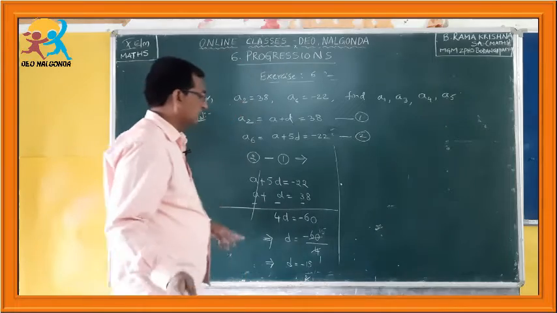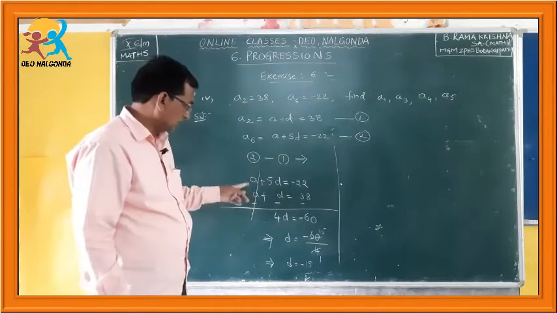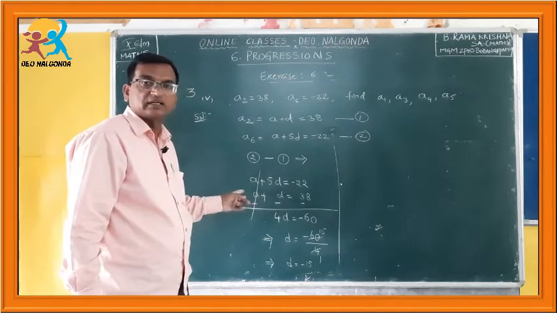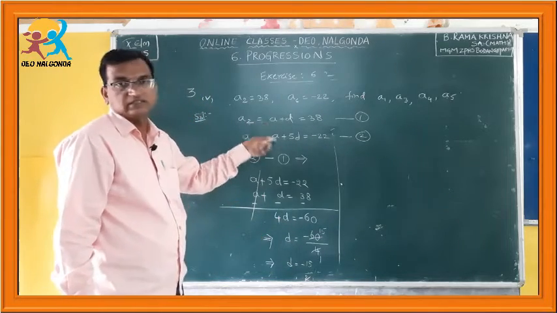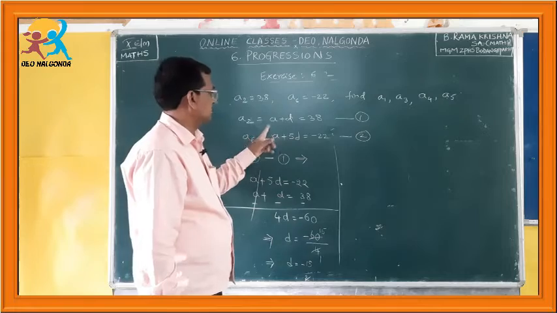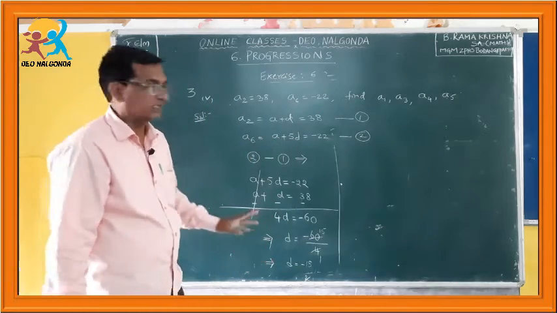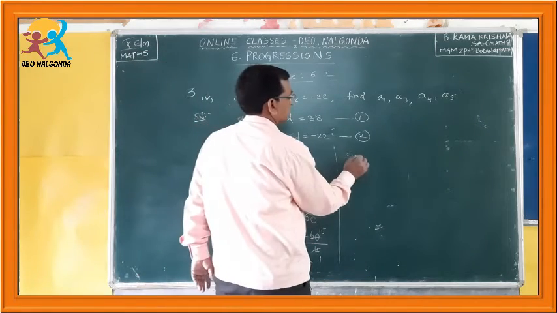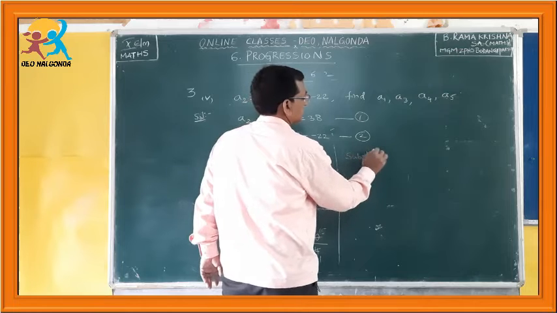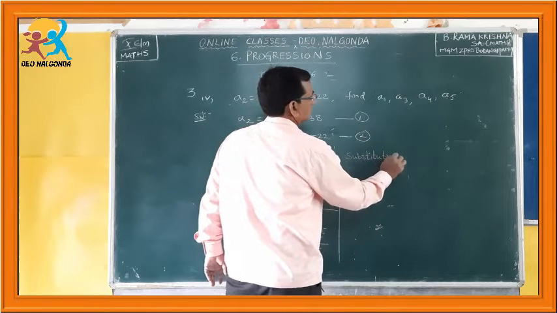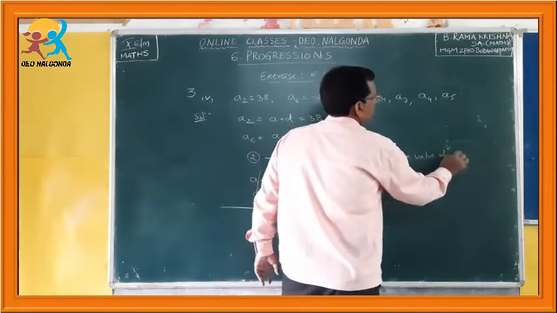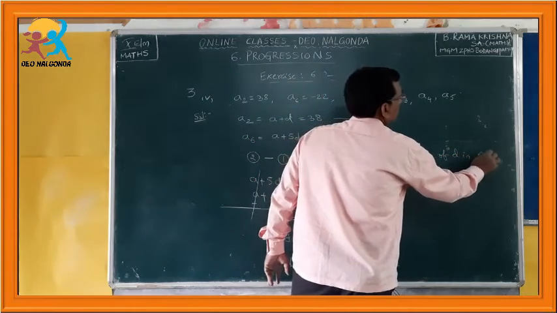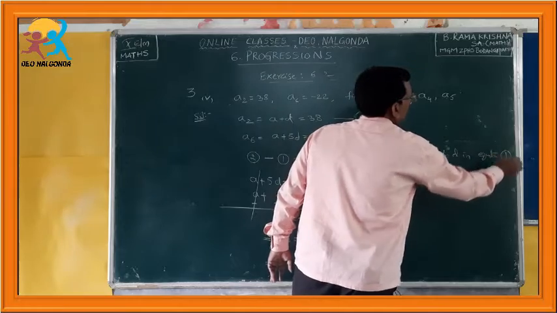Now, after finding the value of d, you have to find the variable which was eliminated by substituting the value of d in any one of these equations. Let me take the first equation and substitute the value of d. So, I am writing like this: substituting the value of d in equation 1.